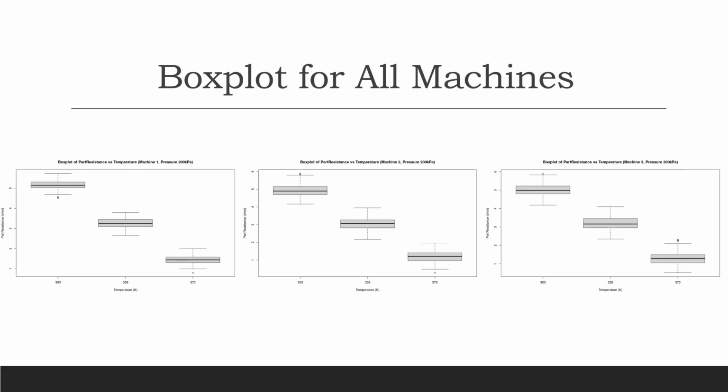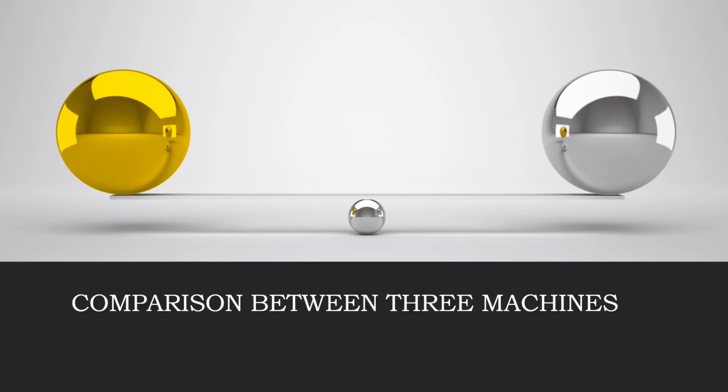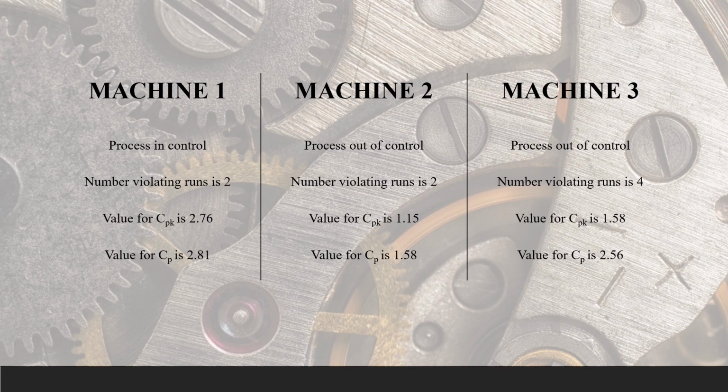So here's a little comparison between the 3 of the box plots plotted. We can see that there is only minor significance in all 3 machines. Now we are going to compare these 3 machines based on the data we have analyzed. From the table, we can see that only machine 1 has the process in control. As for machine 2 and 3, they have outliers which make the process out of control.